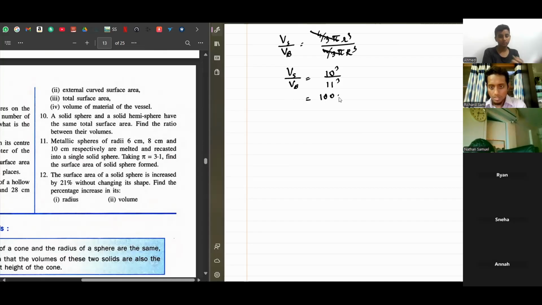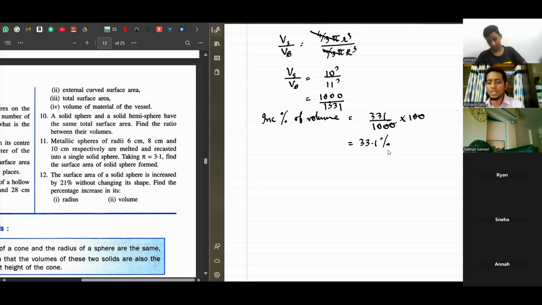That is 1000 divided by 1331. Okay. So what is the increase percent of volume? 331 divided by the original value, which is 1000, into 100. Two zeros cut, 331 divided by 10, which is 33.1% increase.